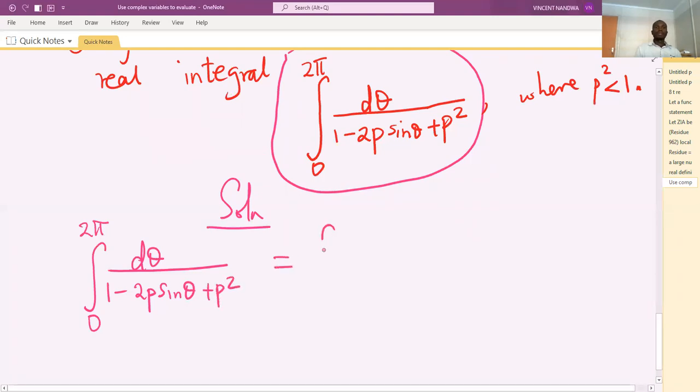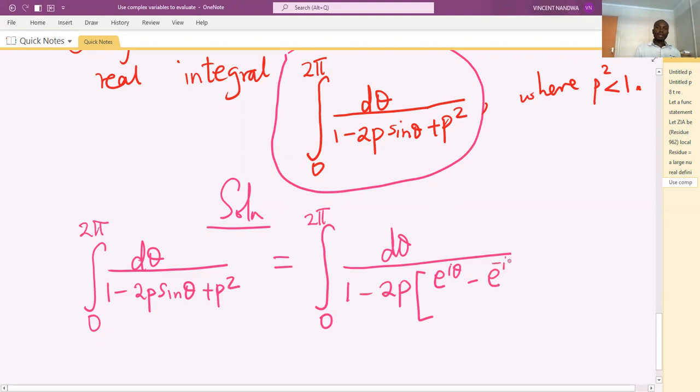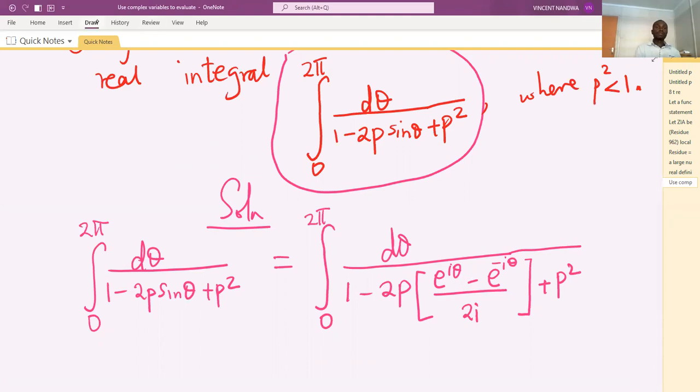So this is the same as the integral from 0 to 2 pi d theta over 1 minus 2p, where for the sine you put e raised power i theta minus e raised power minus i theta divided by 2i, then you add p squared. So we have replaced sine theta by its equivalent in terms of exponentials.